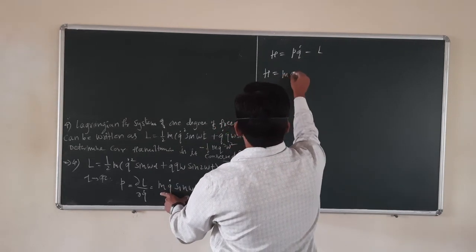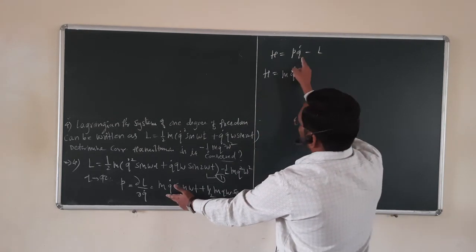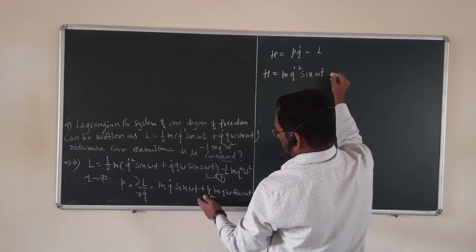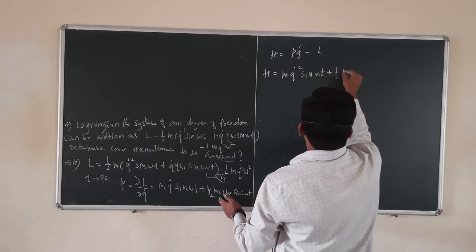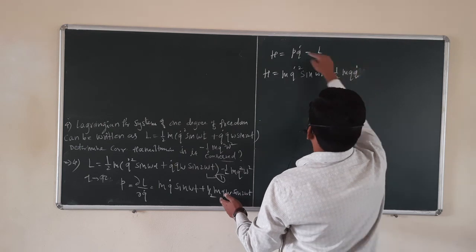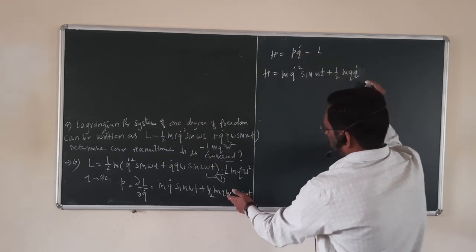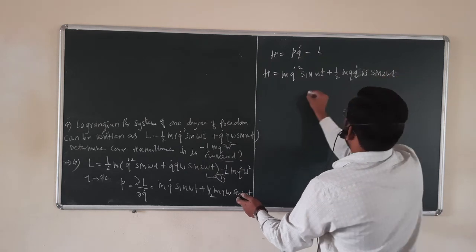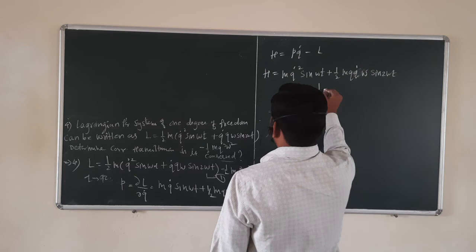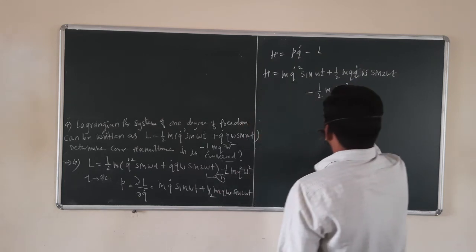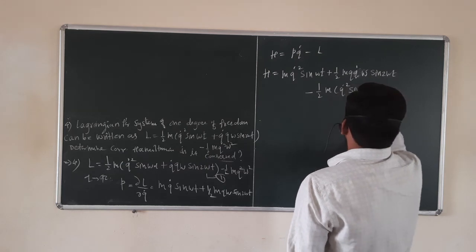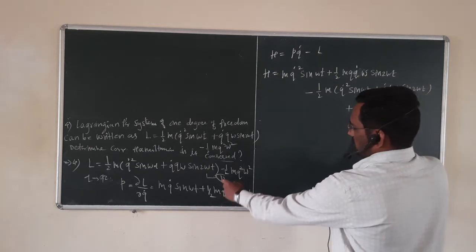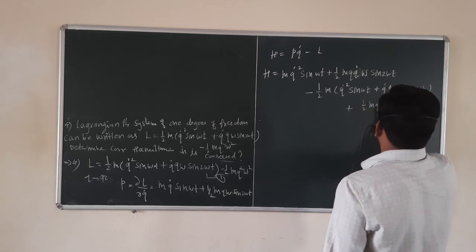Multiplying with q dot, the first term becomes m q dot squared sine omega t, plus 1 half m q q dot omega sine 2 omega t, minus the Lagrangian. The Lagrangian is 1 half m q dot squared sine omega t plus q dot q omega sine 2 omega t, minus 1 half m q squared omega squared, and with the minus sign it becomes plus 1 half m q squared omega squared.